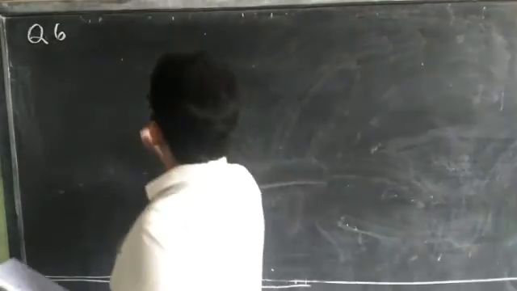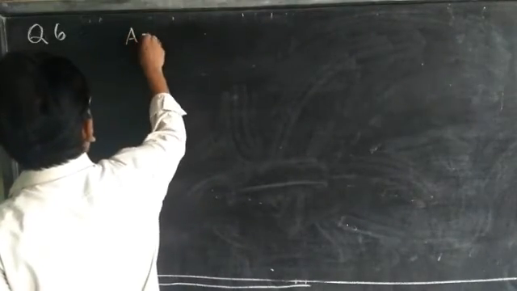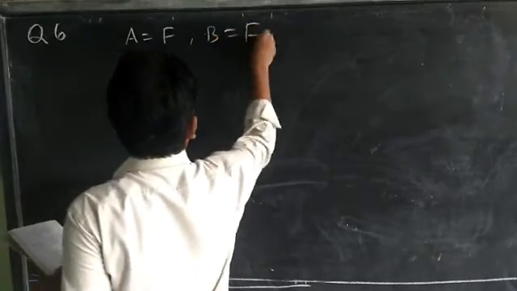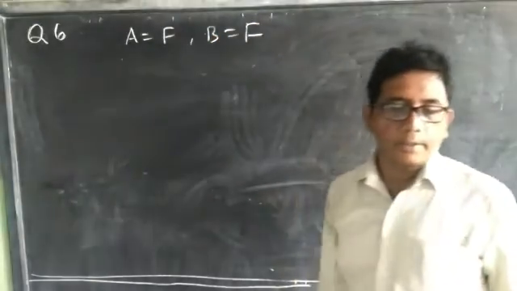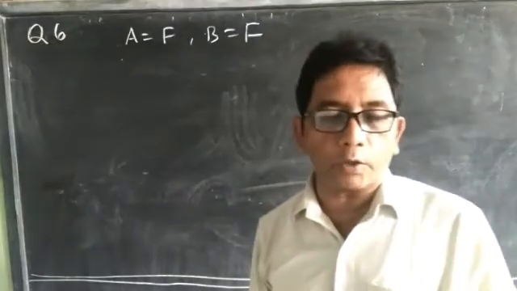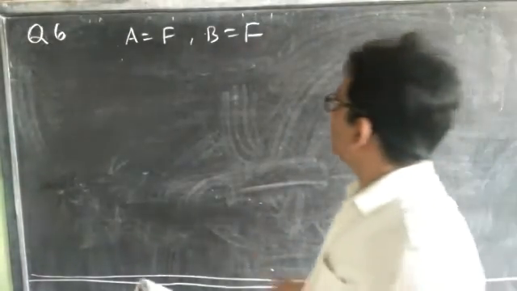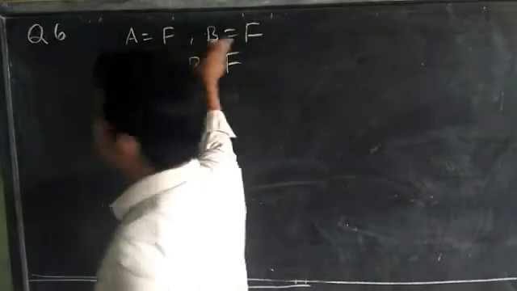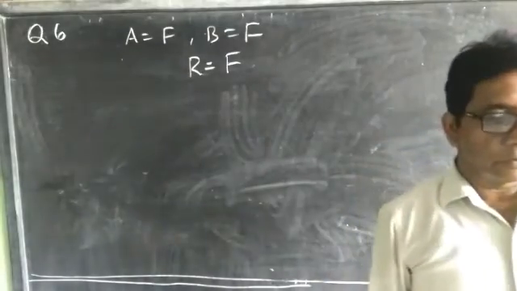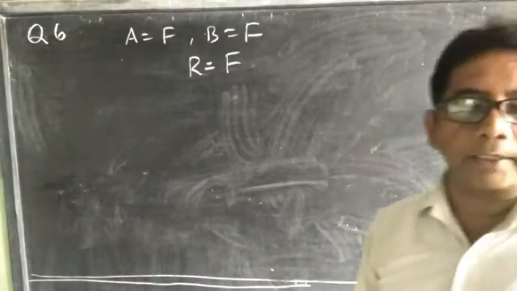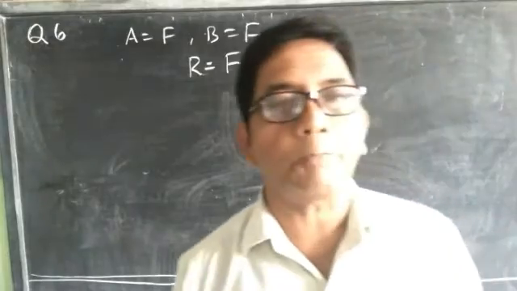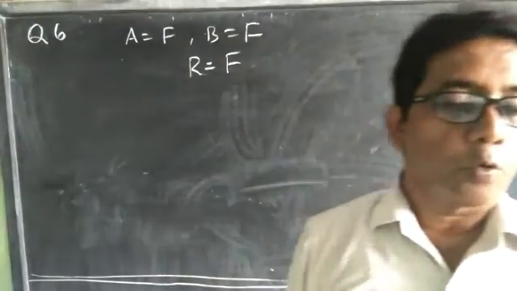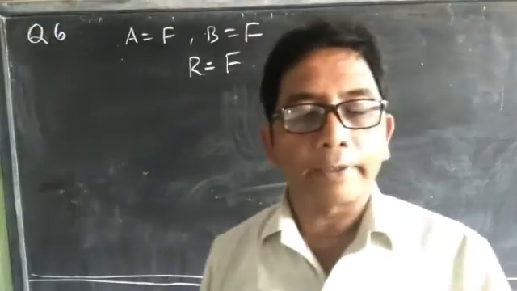Suppose A is equal to force F and B is equal to force F. Two equal forces have their resultant equal to either one of them. At what angle are they inclined?